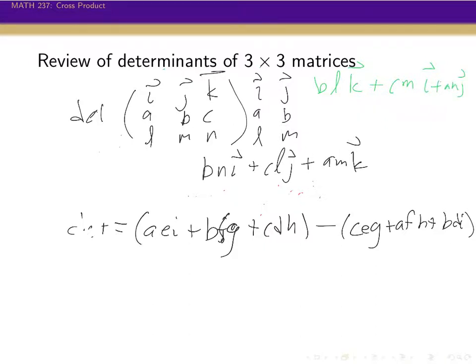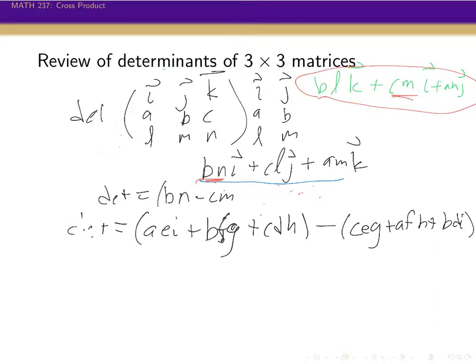And so if I take these and subtract off these, and I want to group them in terms of the i's, the j's, and the k's together. For i, I have BNi and then minus CMi. So this determinant is going to be BN minus CM times i.